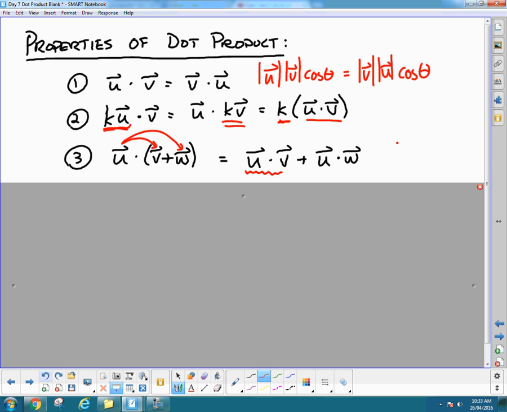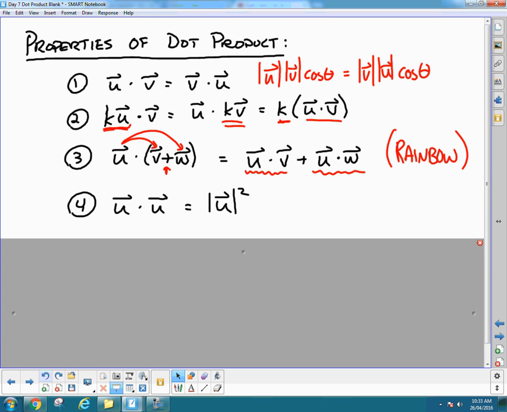So there's u dot v, and since we're adding, we're going to add u dot w. This is just rainbow. So it's good to know that rainbow works not only for numbers and for algebra, but it also works for the dot product of vector multiplication. Interesting to consider whether it works with the cross product later on. It may or may not be true, but for the dot product of multiplication, it does. That's all we're worried about today.